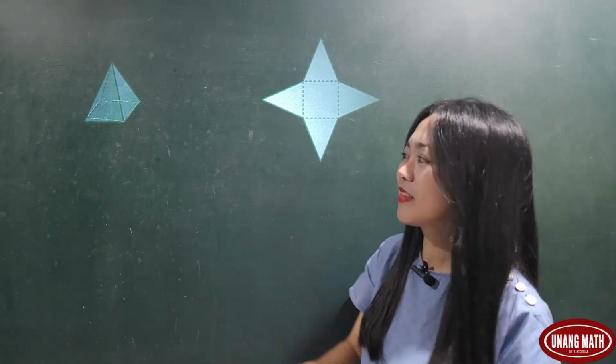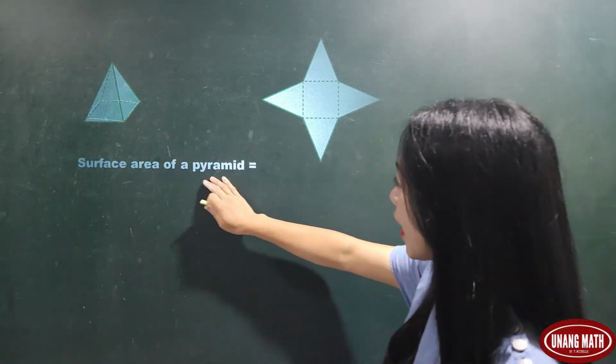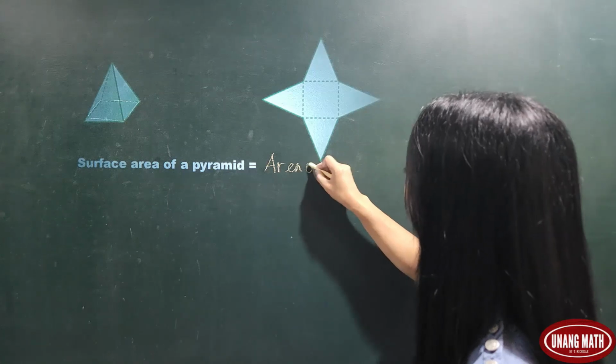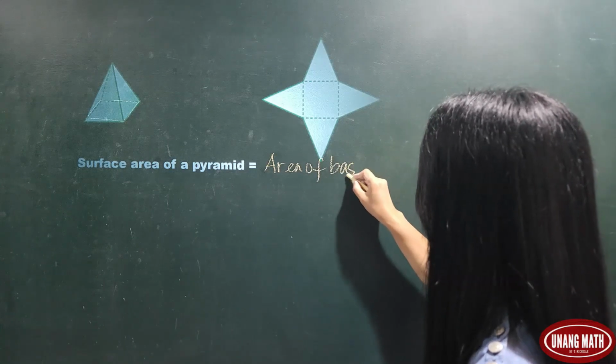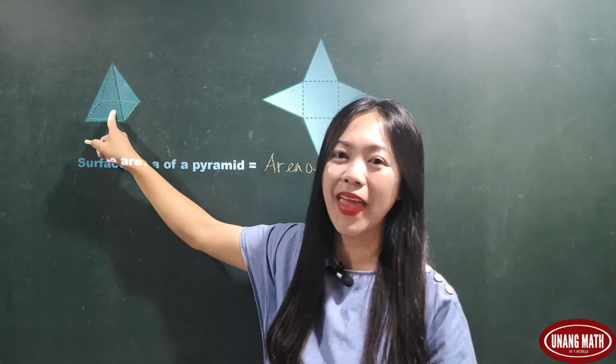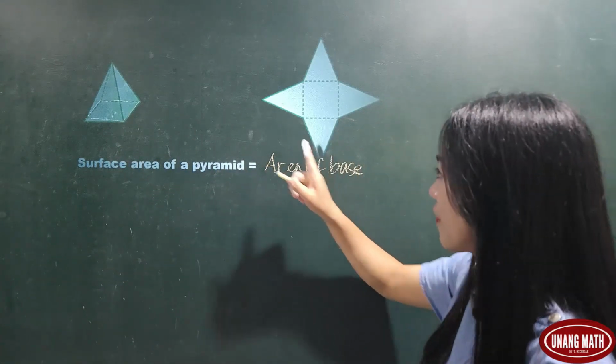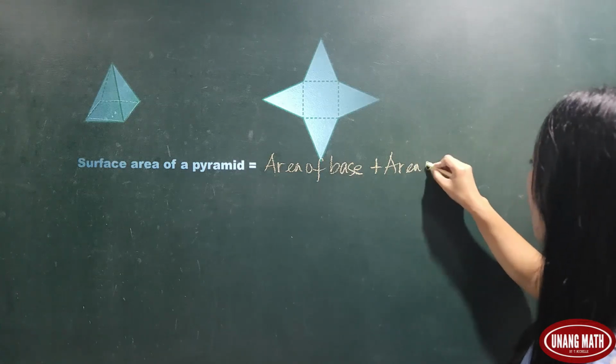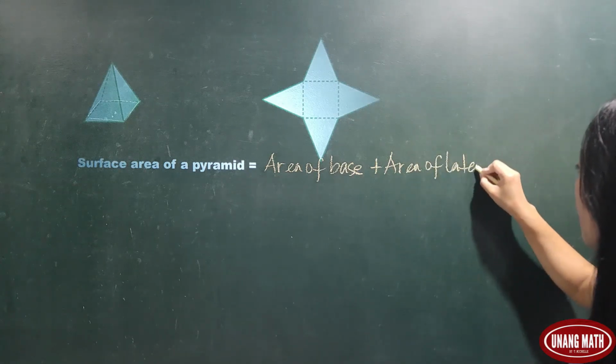Just like prism and cylinder, to find the surface area of a pyramid, we have to get the area of the base, and since a pyramid has one base, we will just get the area of that one base plus the area of the lateral faces.